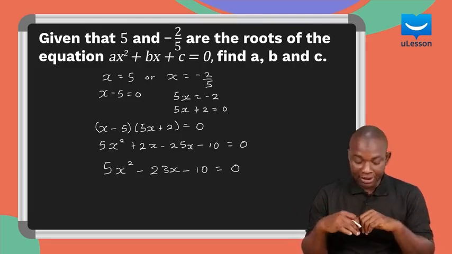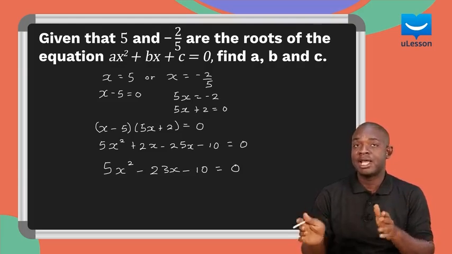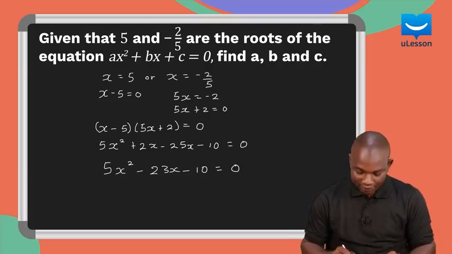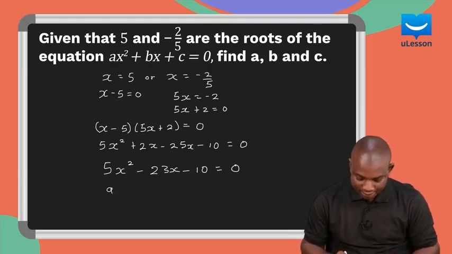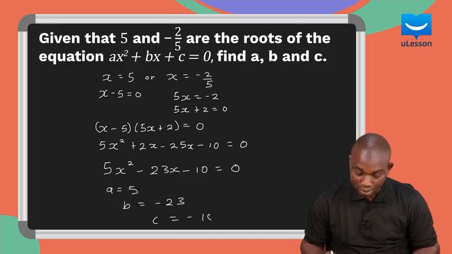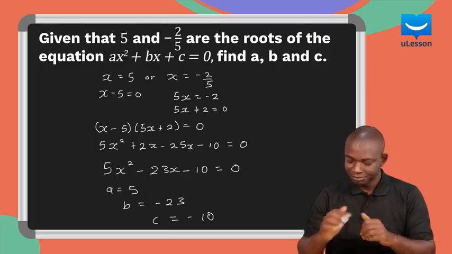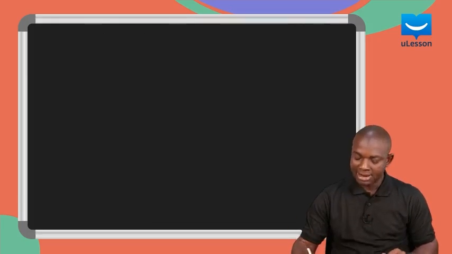And now that we have the equation, we can identify a, b, and c. And from this equation, we can see that a is equal to 5, b is equal to minus 23, and c is equal to minus 10. Now let's take our last example.